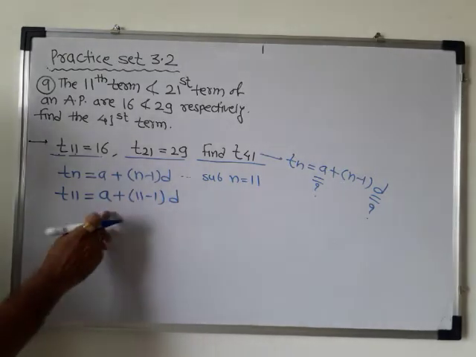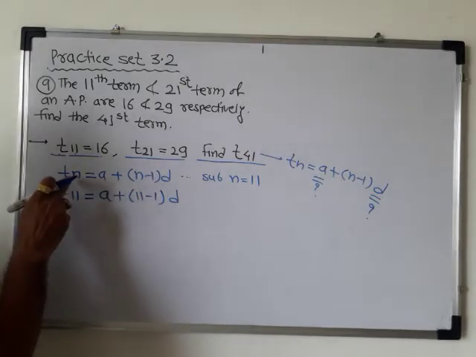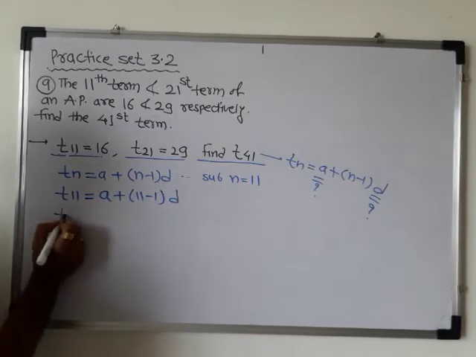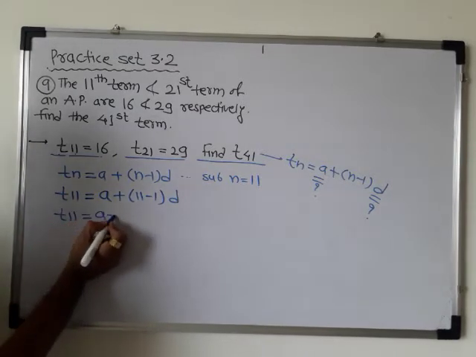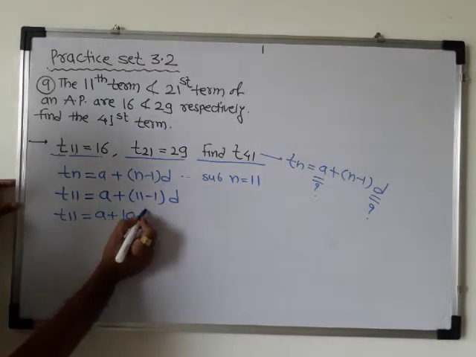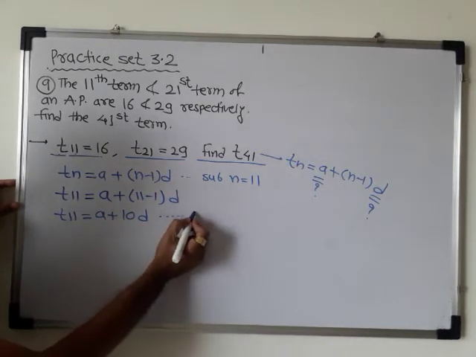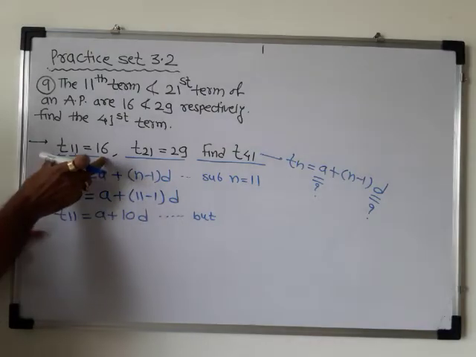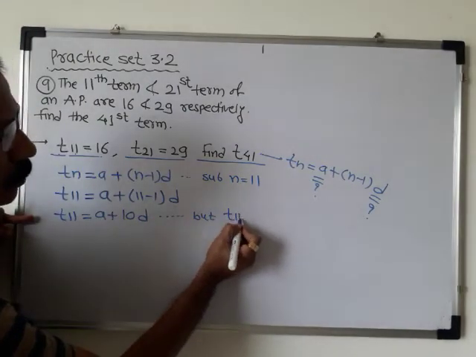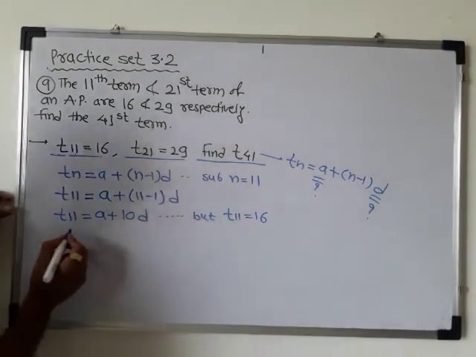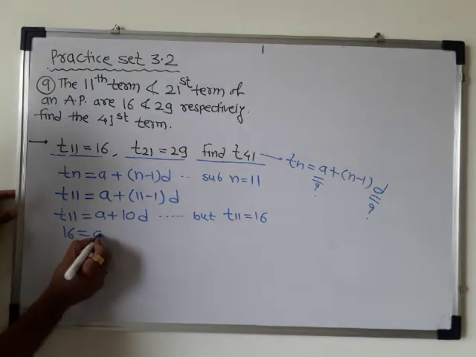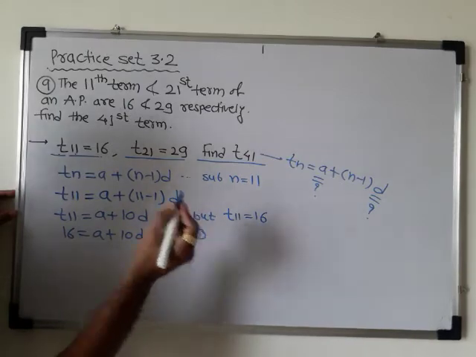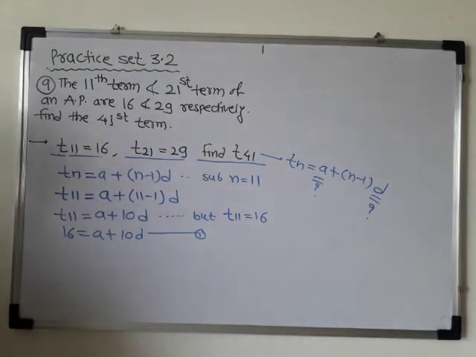So a and d remain as they are, and we put n is equal to 11. So you got T11 is equal to a plus 10d. But the 11th term is known. The 11th term is 16. So T11 is equal to 16. Therefore, 16 is equal to a plus 10d. This is equation number 1.